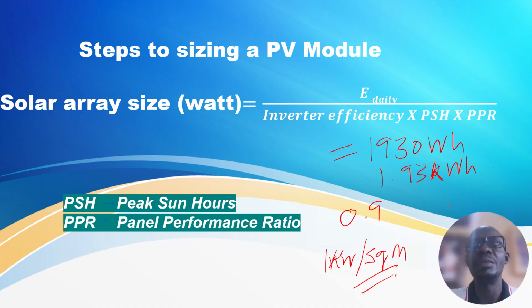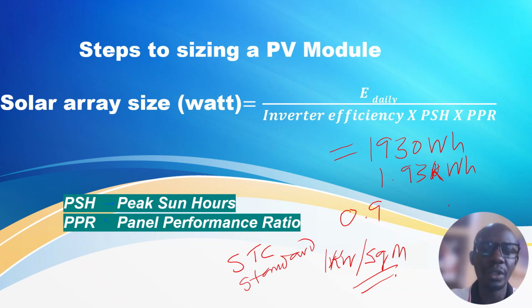If the sun is too hot, it affects your system. How? Because all these solar modules are tested at what we call STC, standard test condition, at 25 degrees Celsius.